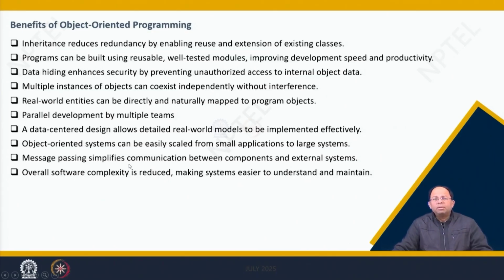Message passing simplifies communication between components and external systems. So I can easily call functions of other objects without bothering about how the data is moving or how we are changing the variables. And overall software complexity is reduced, making the system easier to understand and maintain.